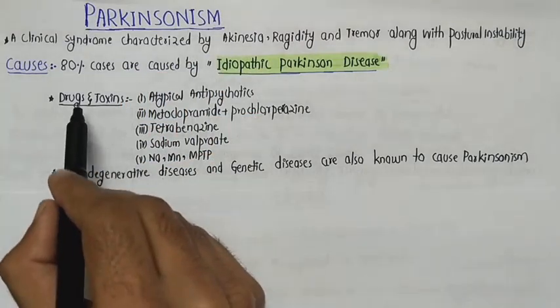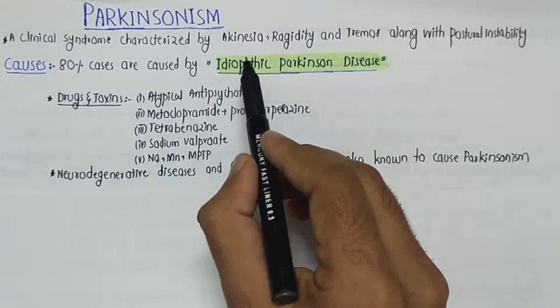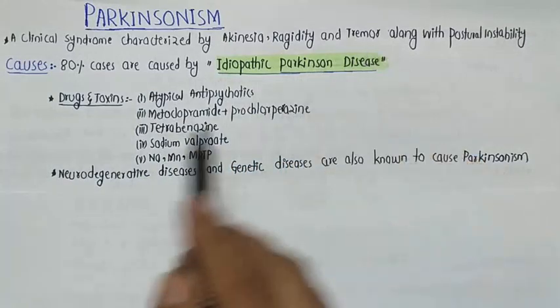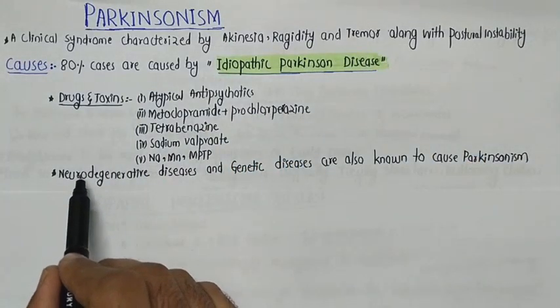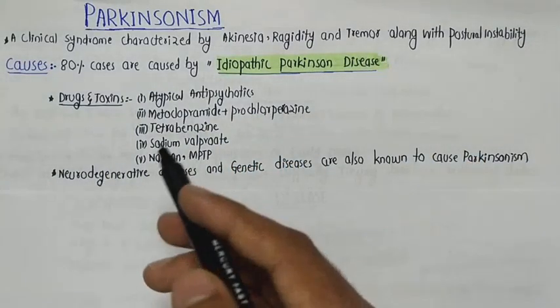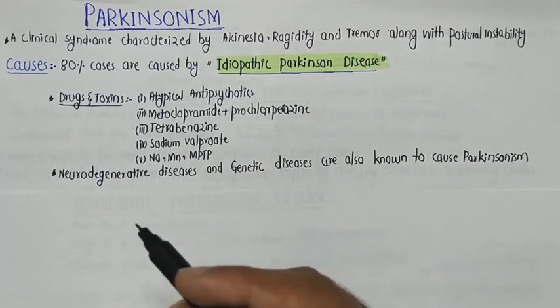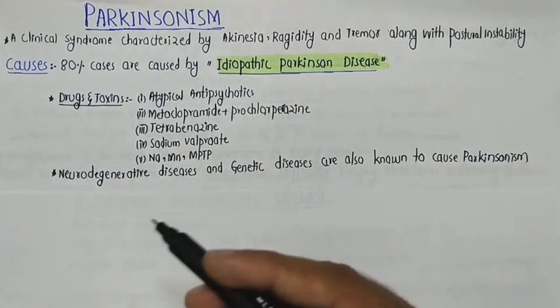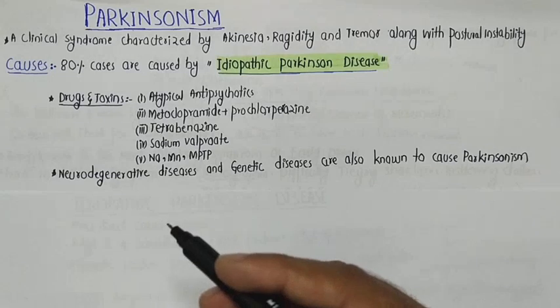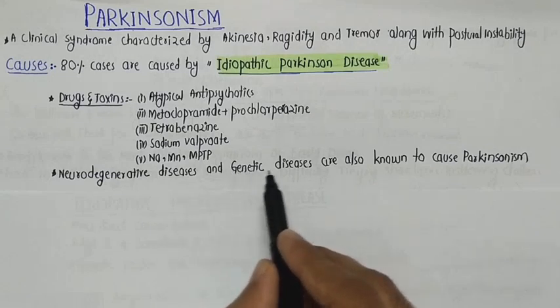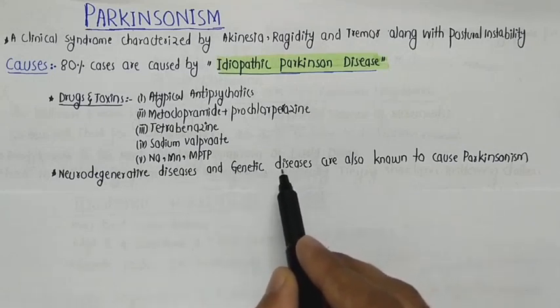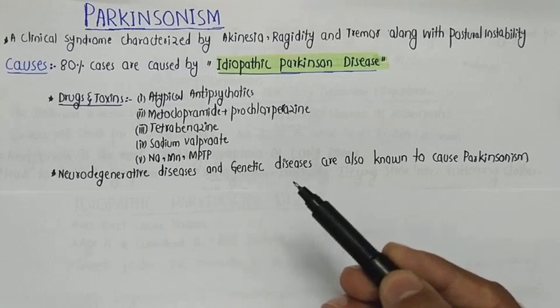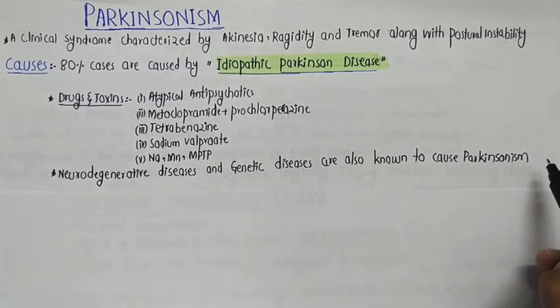Along with these drugs and toxins and idiopathic Parkinson disease, there are neurodegenerative diseases like Alzheimer's disease, Lewy body dementia, multiple system atrophy, corticobasal degeneration, and genetic diseases like Huntington disease and Fragile X syndrome. They are also known to cause Parkinsonism.